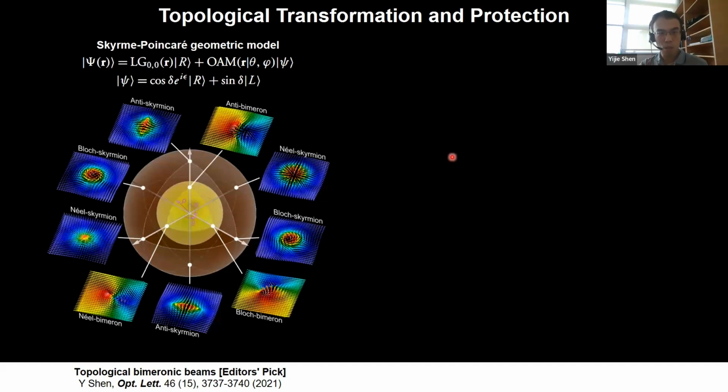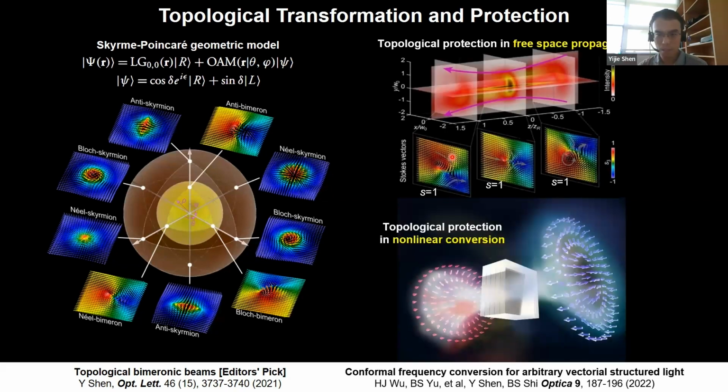Okay, after the study of topological transformation, we also studied a very interesting property of topological protection in our optical beam. We show that our optical skyrmion can still show some topological stability upon propagating in free space.